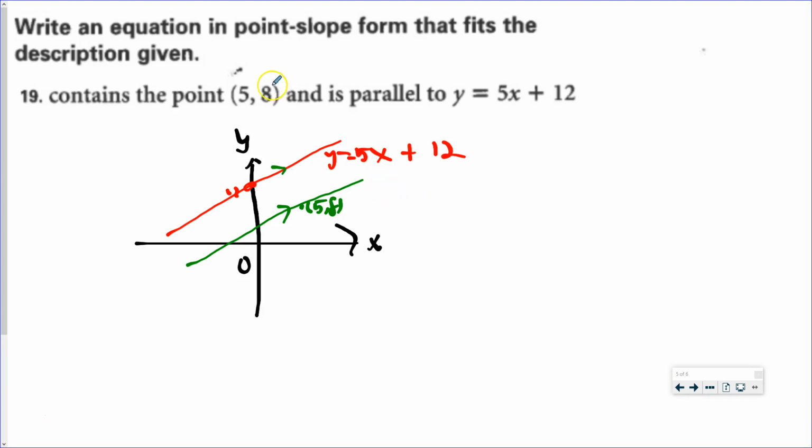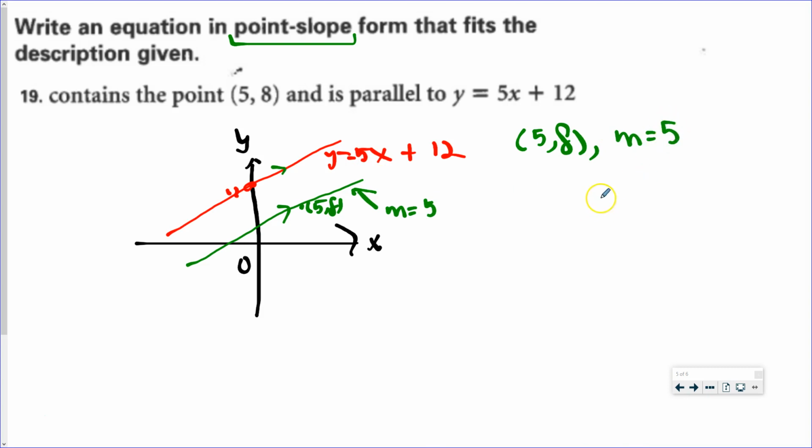So why do we want point slope form, you may say? The reason for that is I have a point. This green line is definitely getting through this 5x. So my first point for the point slope form is 5x. And then because they are parallel, I know that my green line has to have a slope equal to just 5. Alright?